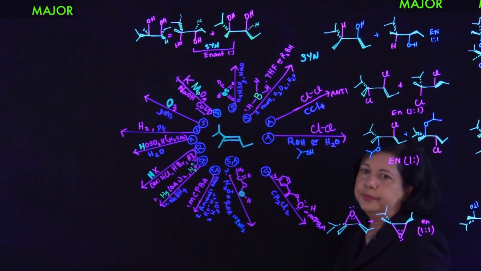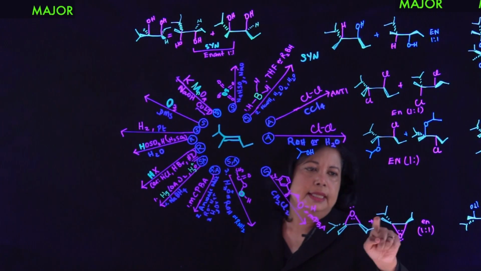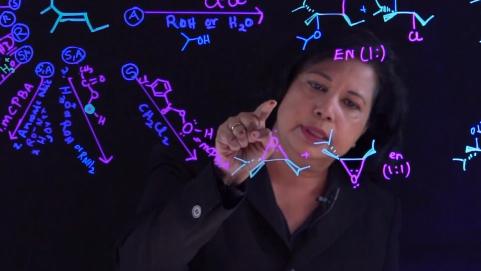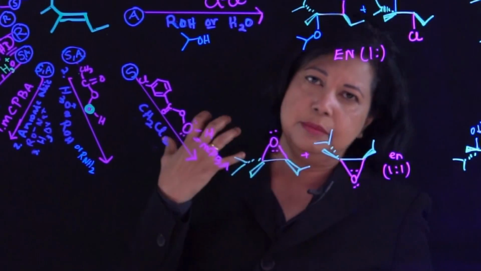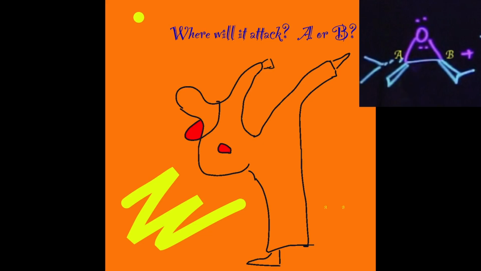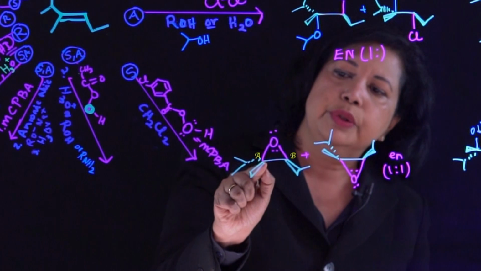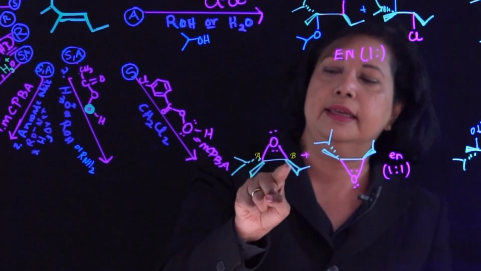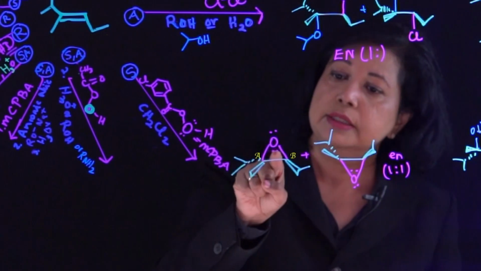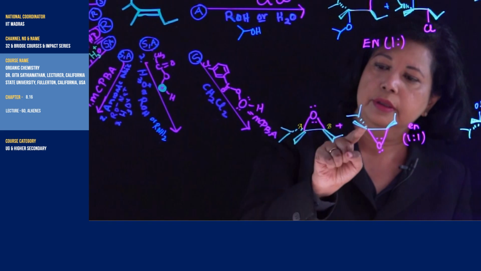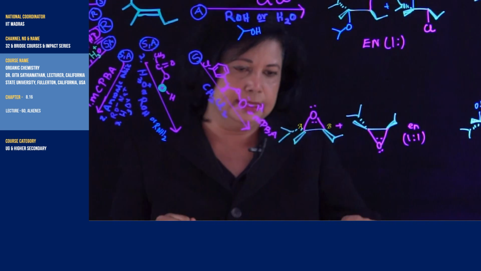So you're going to get one of these, and since this is in a protic solvent, you're going to get protonation of these two, which makes them electrophilic, and so they're going to be tugging at those electrons. And when you tug at those electrons and you have a tertiary center, that's a lot more stable than a secondary center, a lot more stable. So you are going to get attack of the amine here rather than here. So it's very regioselective in that sense.